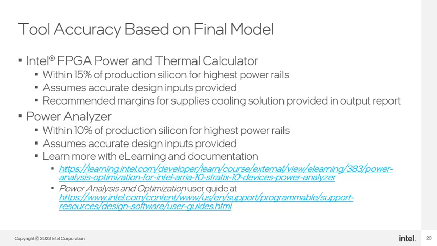The report generated by the tool will include recommended margins for designing your power and cooling solution, taking this accuracy into account. For the power analyzer, the results are expected to be within 10%, again assuming accurate information has been provided. To learn more about setting up and using the power analyzer, see the e-learning and documentation linked here.